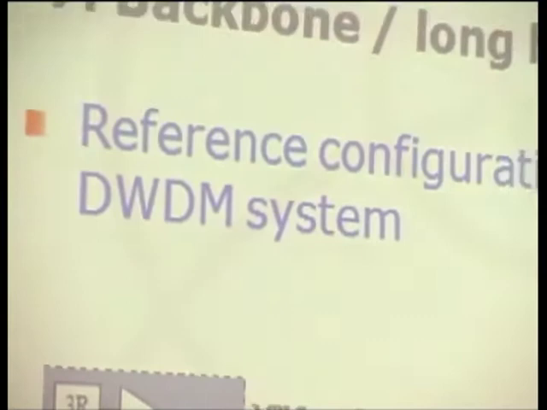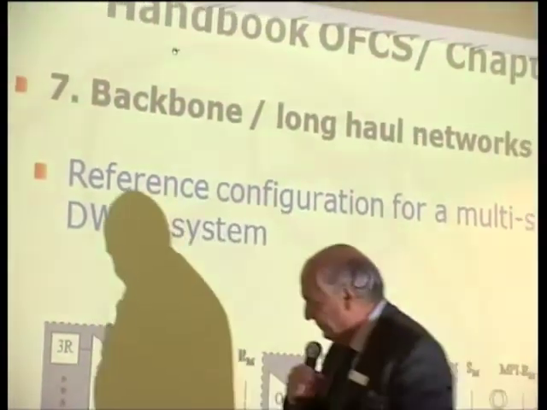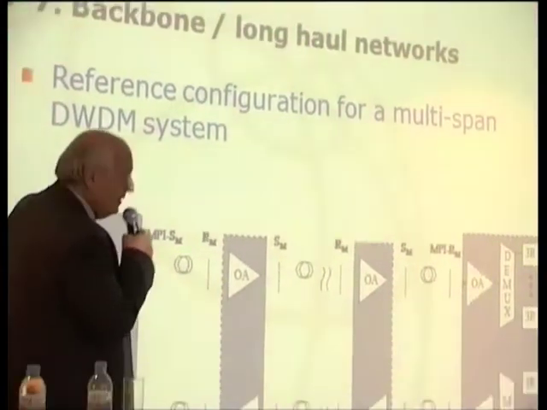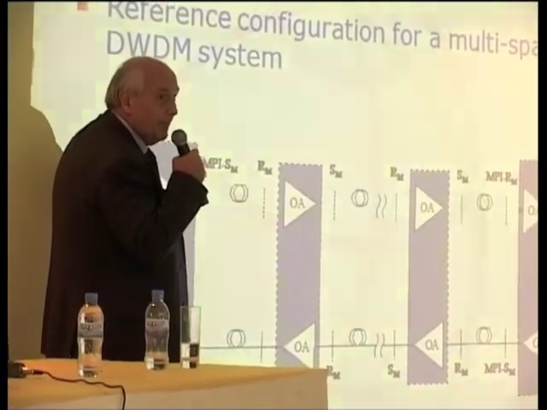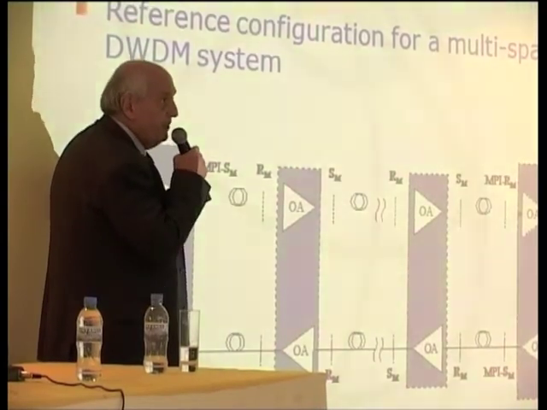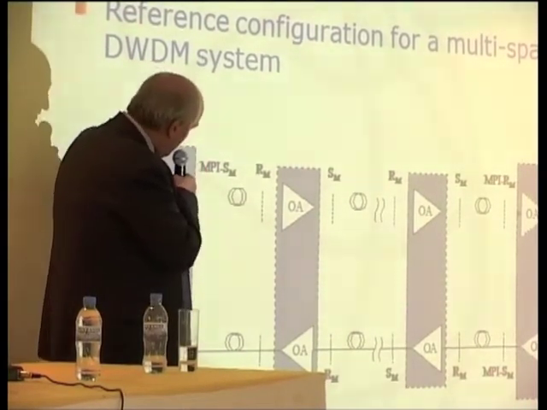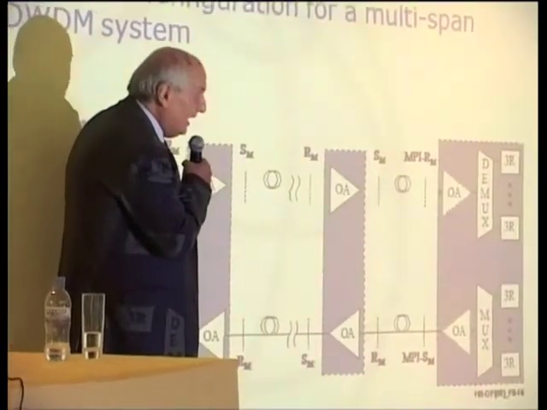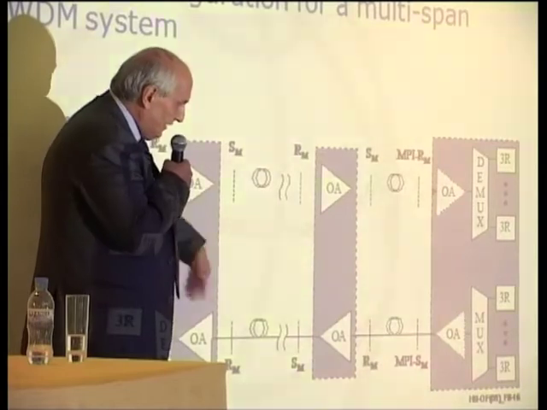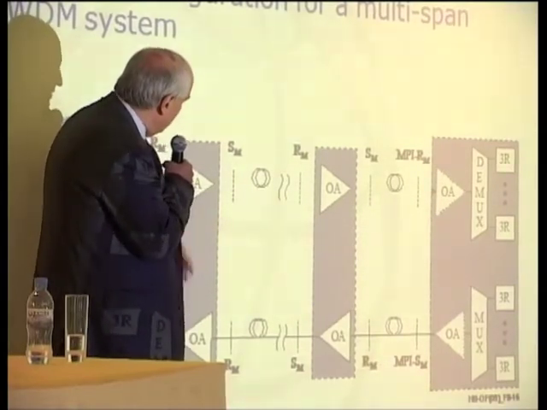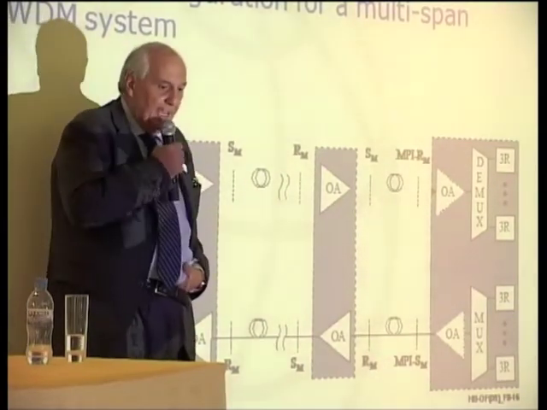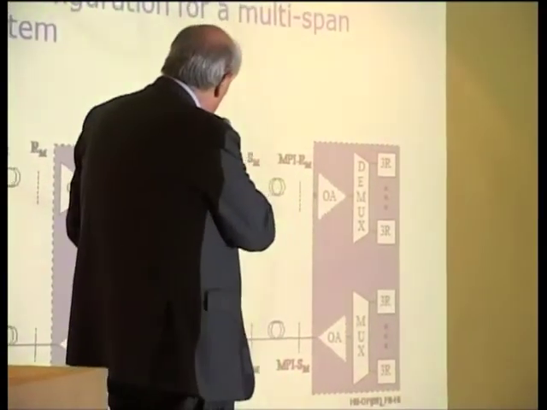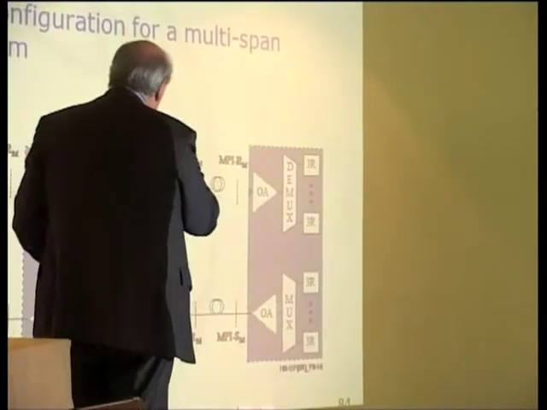Well, points to be noted. After the multiplexer, we have an optical amplifier whose name is booster amplifier. After we have optical line amplifiers, which are amplifiers distributed along the path. Normally, they need only a power source. They can stay in the land.